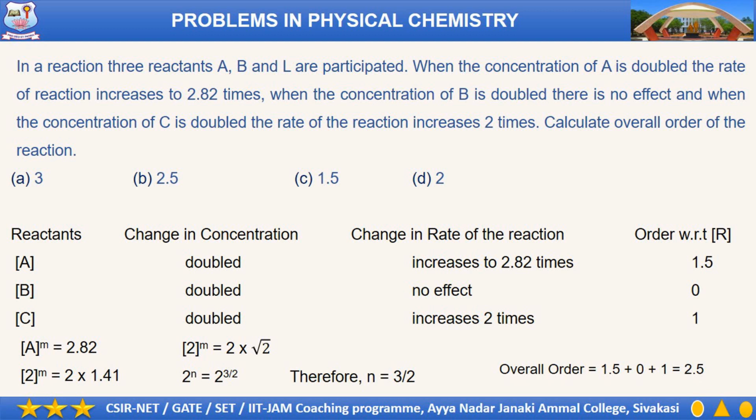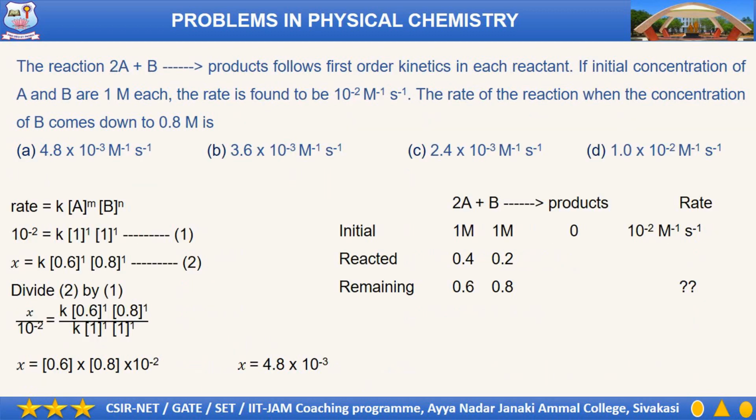Now, we will do some problems with this rate law equation, to see how it is useful for calculation. Take down that problem. The reaction 2A plus B giving products follows first order kinetics in each reactant.